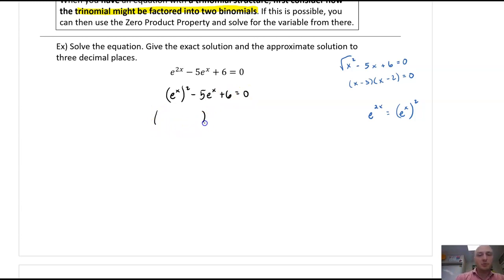I'll open up two parentheses, and I'm going to say, okay, what factors of positive 6 give me negative 5? That would be a negative 3 and a negative 2. And I'm going to take the square root of my first term, which is e to the x. So I factored it. Now I can go ahead and apply the zero product property.